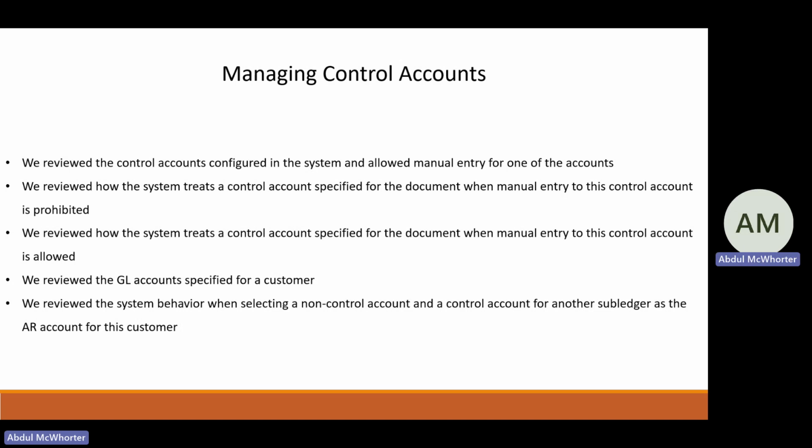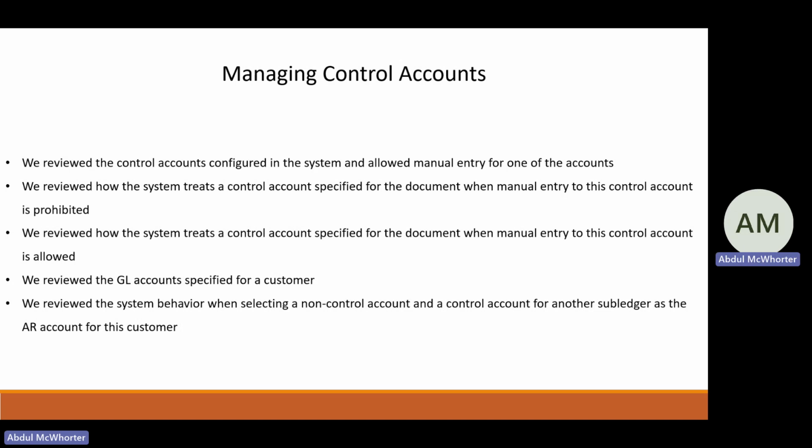We then reviewed how the system treats a control account that's specified for a document when manual entry to this control account is allowed. We did that by attempting to create a new bill, and then we added the account 20,000, which is the payables control account.